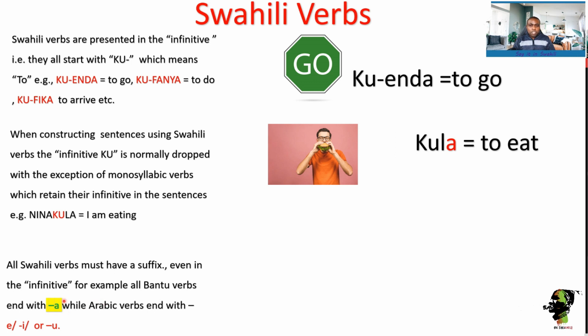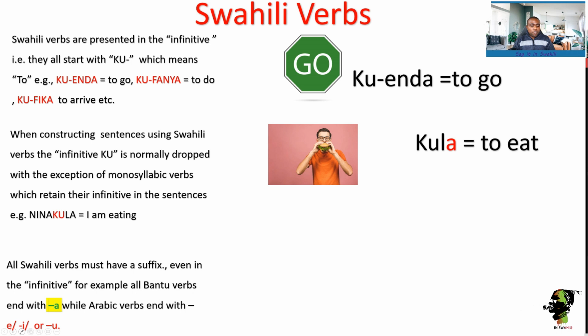Bantu verbs have the suffix a on them, whereas Arabic verbs end with the vowels e, or u. Very important to note that Bantu verbs, which form a majority of verbs in Kiswahili, end with the suffix a.